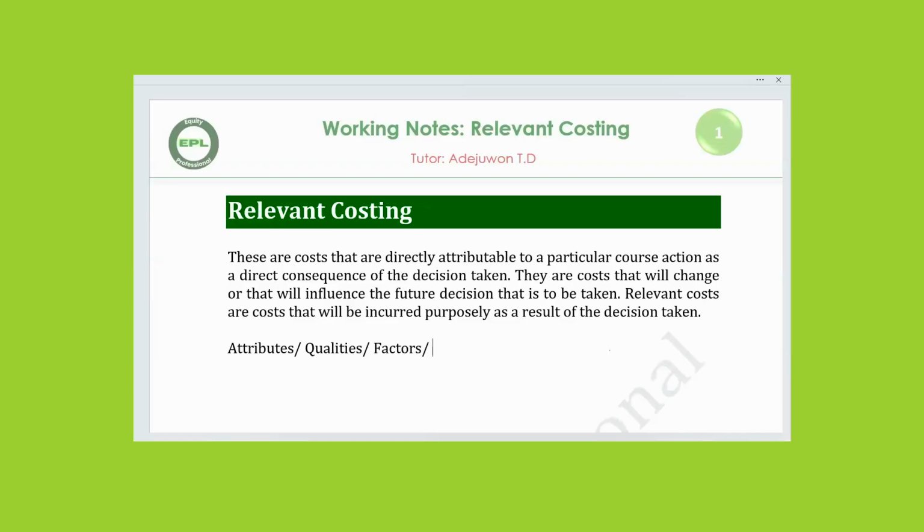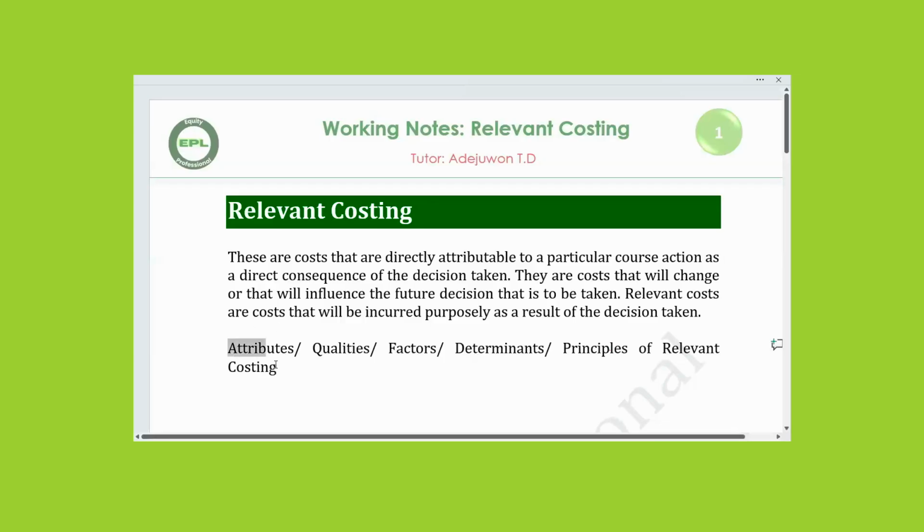If you like, you can also call it determinants, or you can also call it principles of relevant costing. The examiner can call it any name, whichever one, we are still saying the same thing. So you may be asked to discuss or explain the underlying principles of relevant costing.